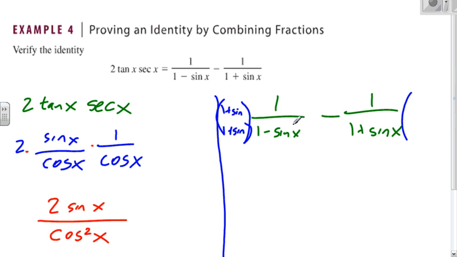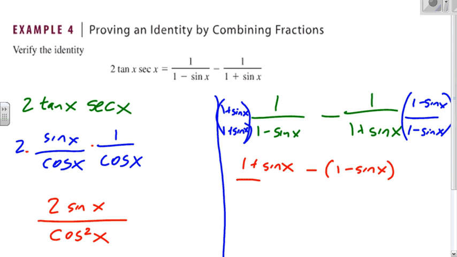And multiplied by 1 minus sine on top and bottom on this side. So we get 1 plus sine of x minus 1 minus sine of x over 1 plus sine of x times 1 minus sine of x.